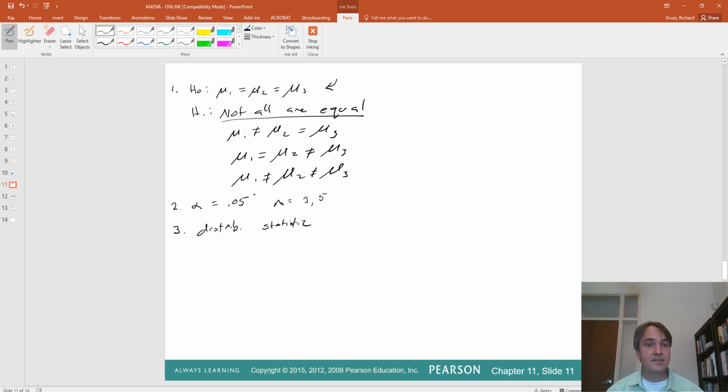Okay, so in this case, when you're doing an ANOVA, the distribution and the sampling statistic are both F. So far for our statistics, we had Z, which followed a normal distribution, and we had T, which followed a T distribution, which was like a normal except with a different shape of tails. Now we have this new F distribution. This one is a little bit different from Z or T, because those went from negative to positive. They had both negative and positive.